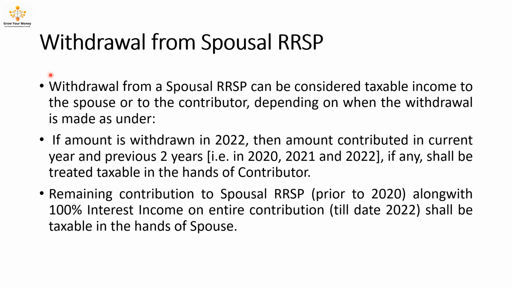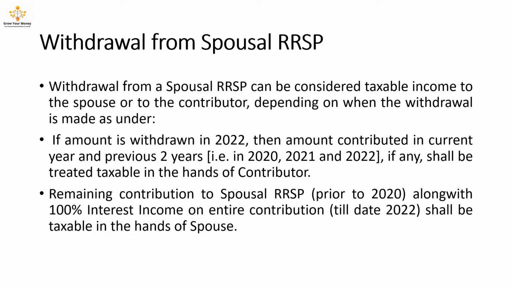If the amount is withdrawn in 2022, say in the current year, then the amount contributed in the current year and the previous 2 years, that is 2020, 2021 and 2022, if any, shall be treated as taxable in the hands of the contributor. However, the remaining contribution to the spousal RRSP along with 100% interest income on the entire contribution shall be taxable in the hands of the spouse.